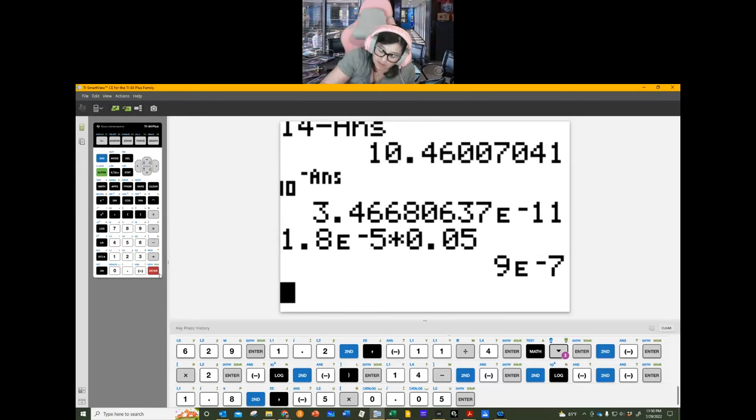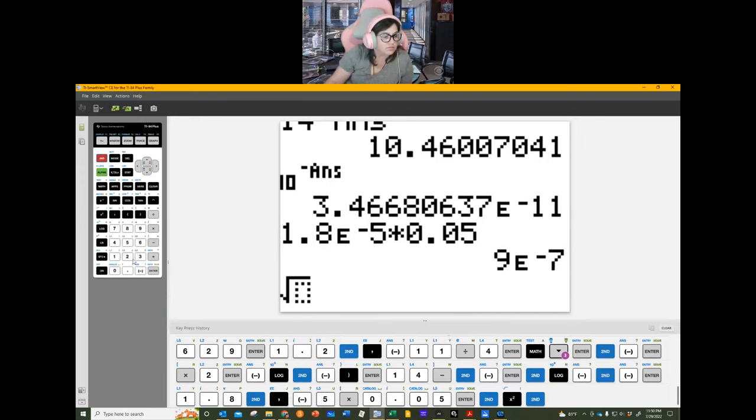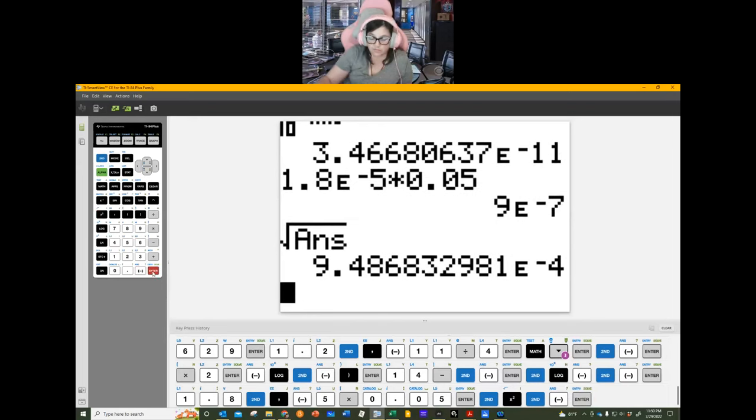It gives me 9 times 10 to the minus 7th, and that's equal to x squared. So my x is going to be the square root of that, and I get 9.48 times 10 to the minus 4th. That's equal to my OH minus concentration.